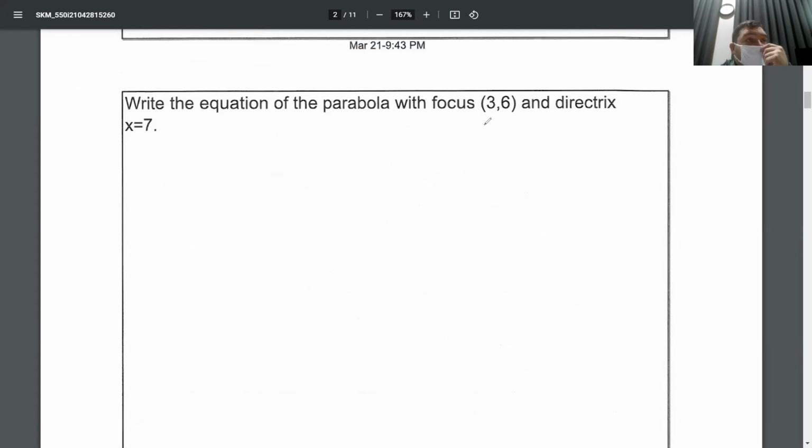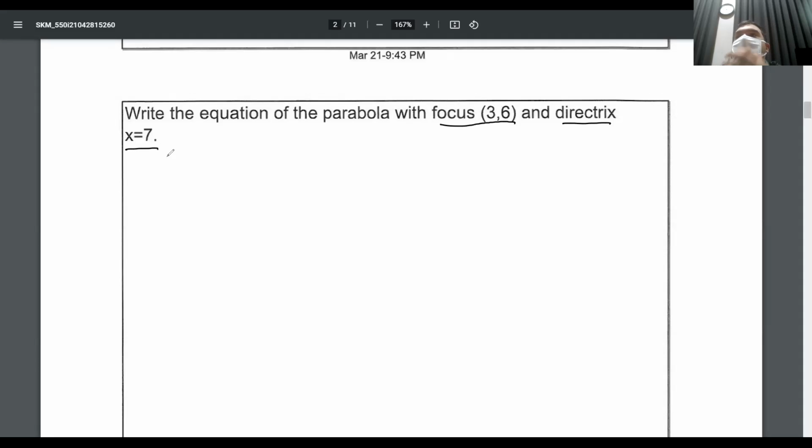Next one. You have a focus of 3, 6 and a directrix of X equals 7. So we need the equation of the parabola with focus (3, 6) and directrix X equals 7.